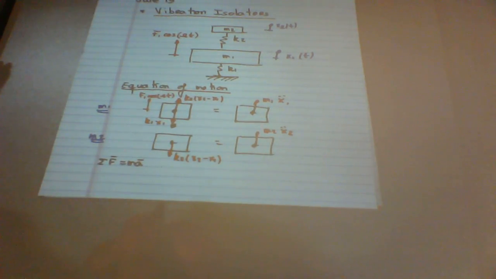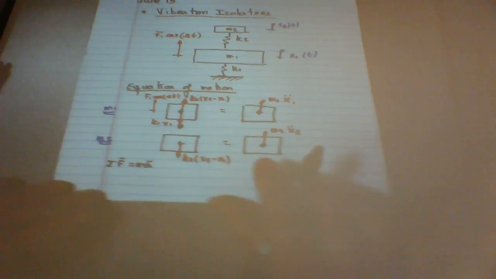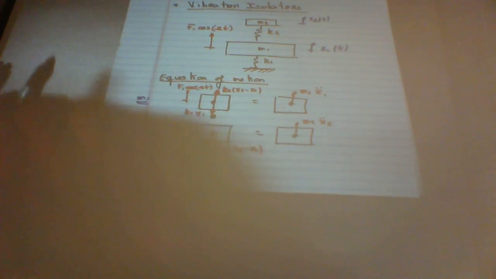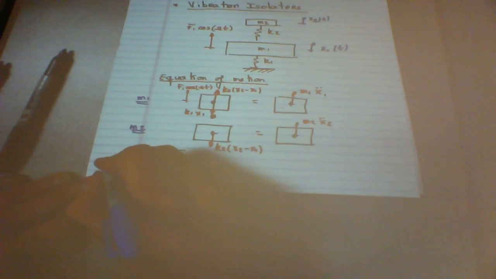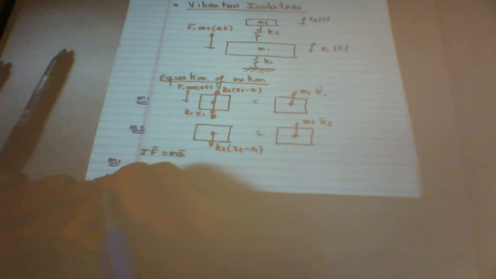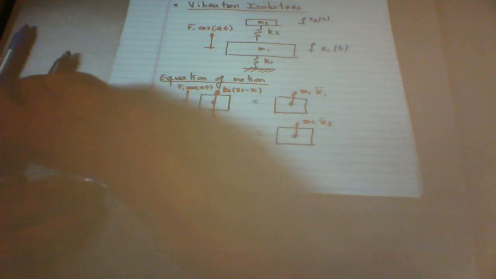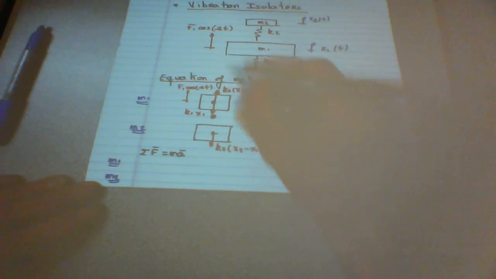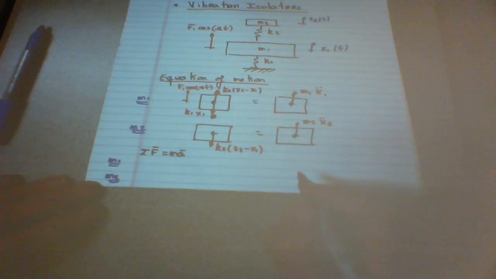So now that we have this, we apply Newton's equation. I'm trying to do it on this page so I don't have to go to another page. What will be the equation for M1? The summation of forces in the x1 direction will be equal to M1 X1 double dot.